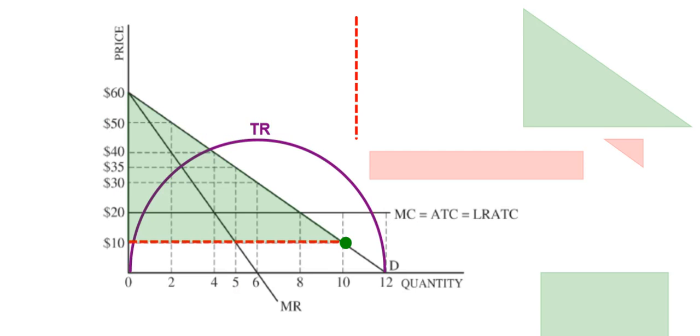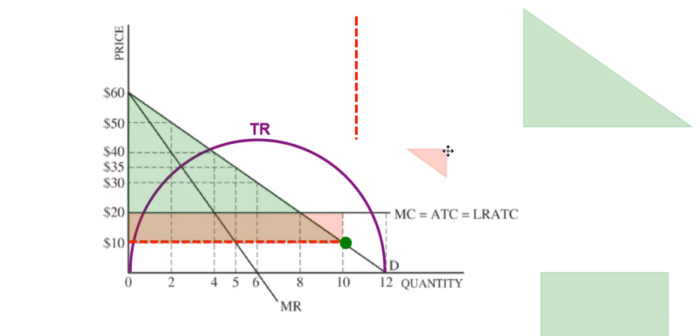Okay, well, that's simple enough. This is the loss in terms of economic profit. So the only part of that loss that's not part of consumer surplus, the only part that's completely lost to society as a deadweight loss, is right here, because it's not part of the consumer surplus.